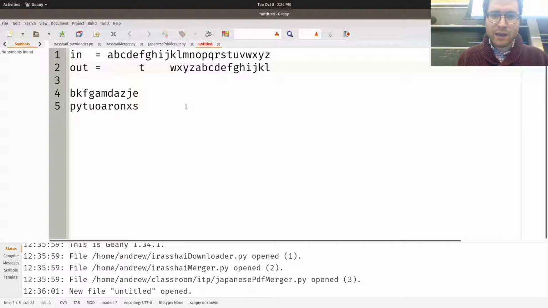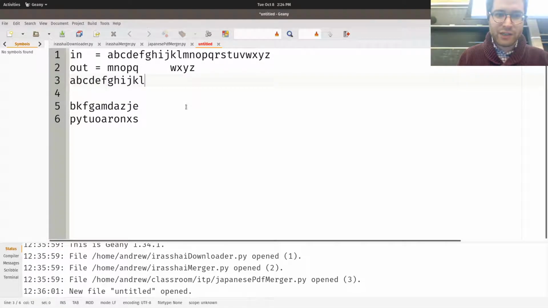J, K, L, M, N, O, P, Q, R. So what did I mess up there? Or do I just need to do it like this? A, B, C, D, E, F, G. Or do I just have to do it the other way around?